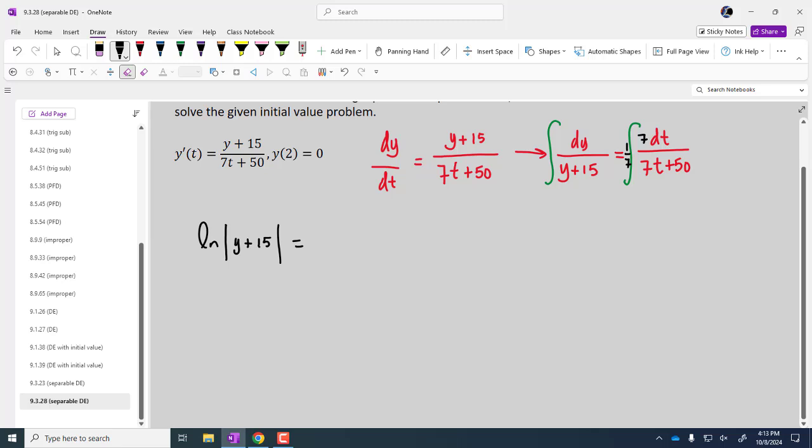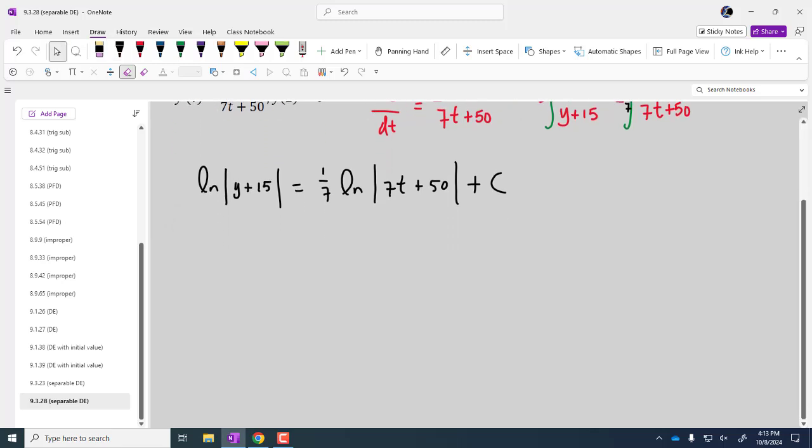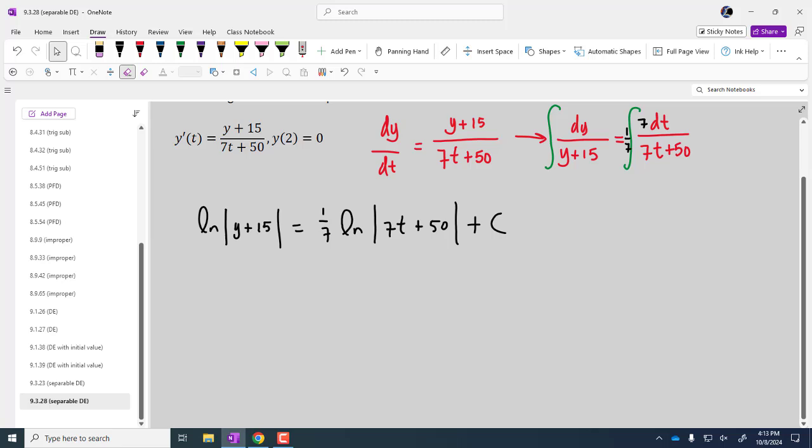However you want to think about it. So this is going to be 1/7 natural log absolute 7t plus 50 plus c. Is everyone okay up to that moment?